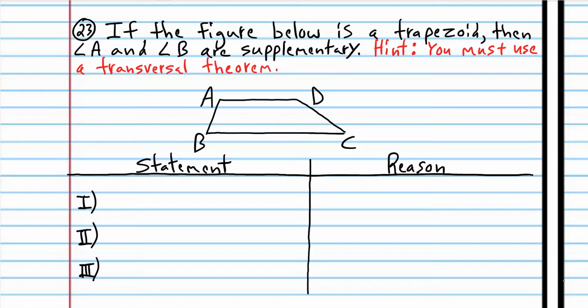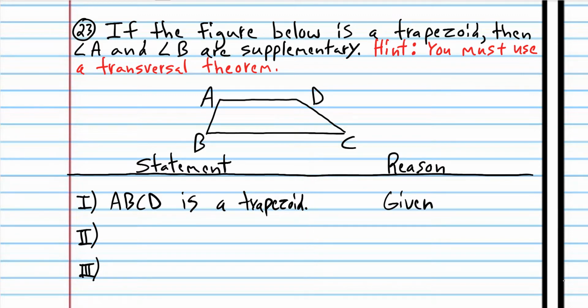So the given information is that ABCD is a trapezoid. That's given information. Maybe I should move that line over.